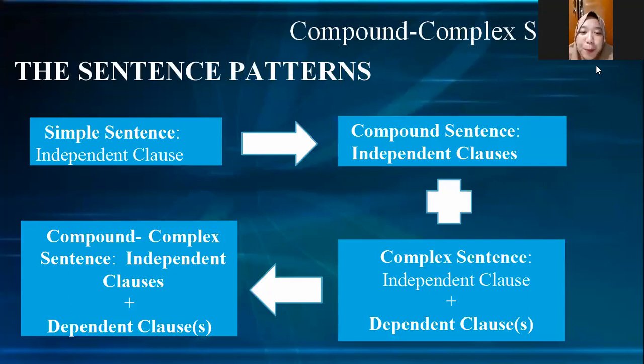The sentence patterns. Simple sentence: independent clause. Compound sentence: independent clause plus independent clause. Complex sentence: independent clause plus dependent clause. Compound complex sentence: independent clause plus independent clause plus dependent clause.